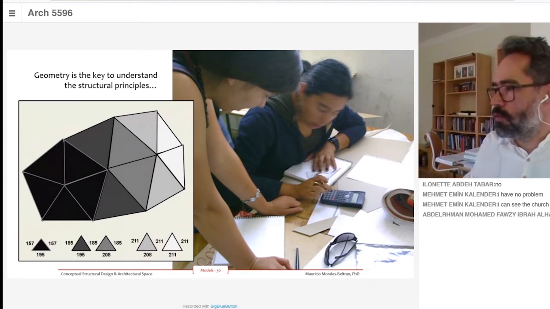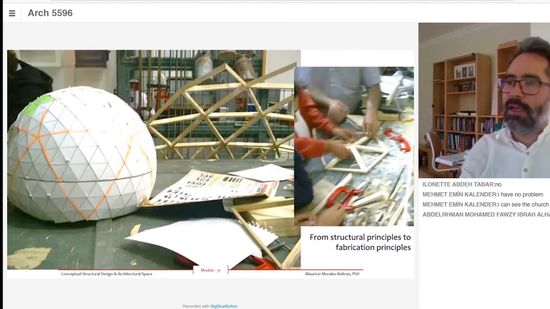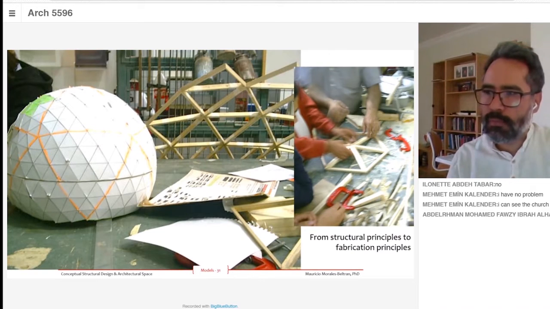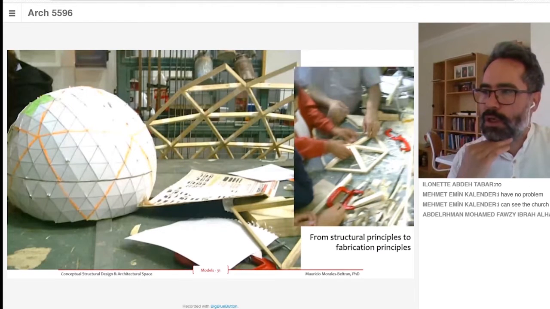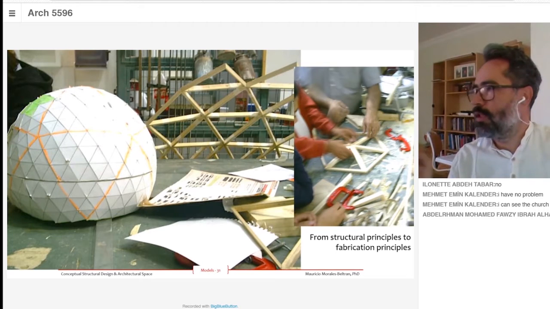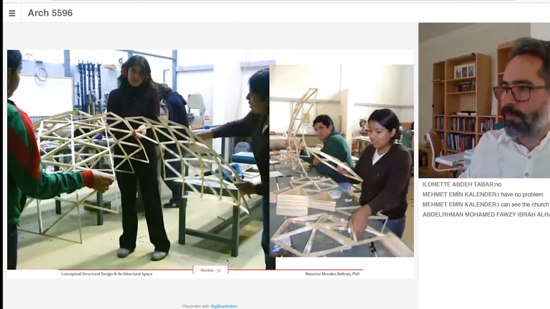And then again, they made a simplified model, with this, in this case, mathematical, geometrical knowledge to understand the different patterns. And with those patterns, they started building it up. Then they started the process of assembly.